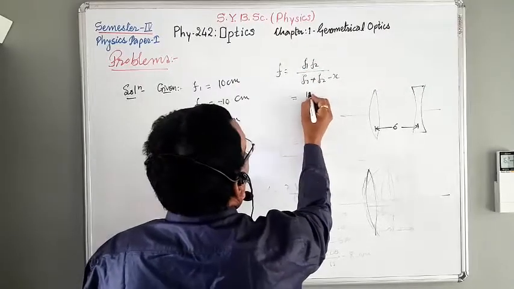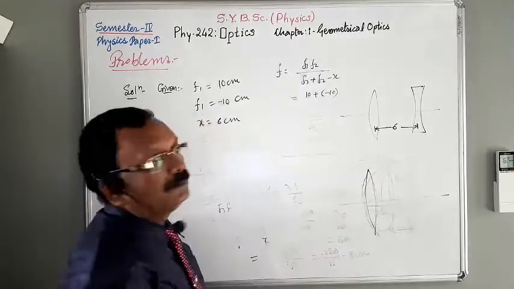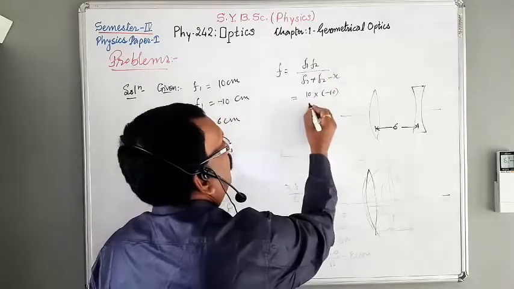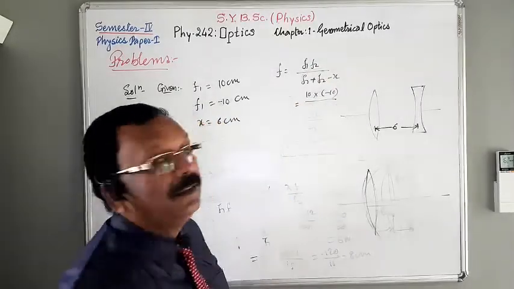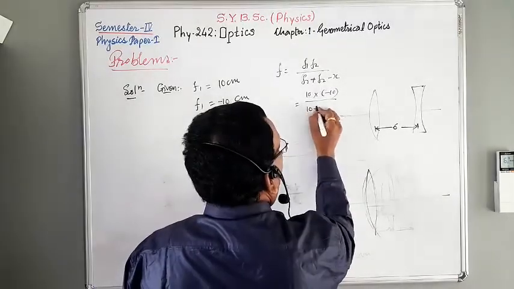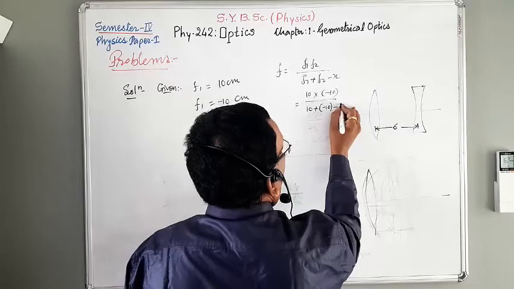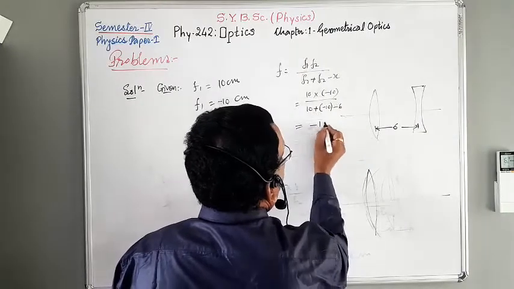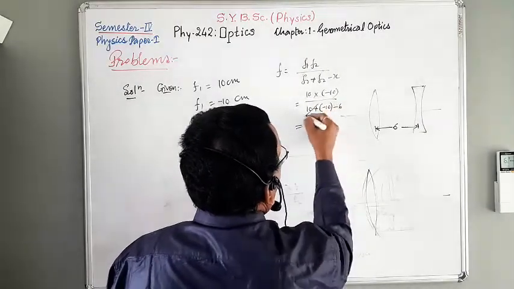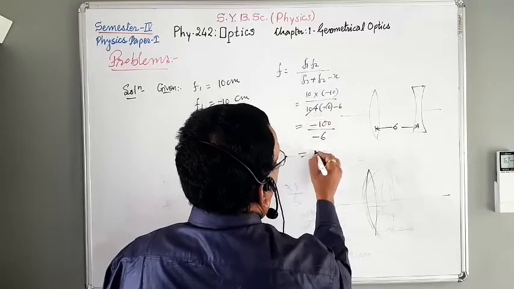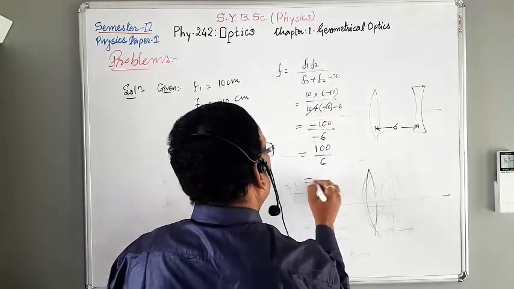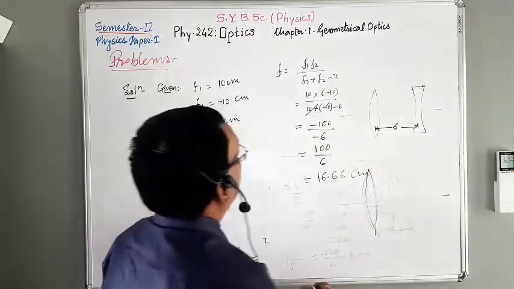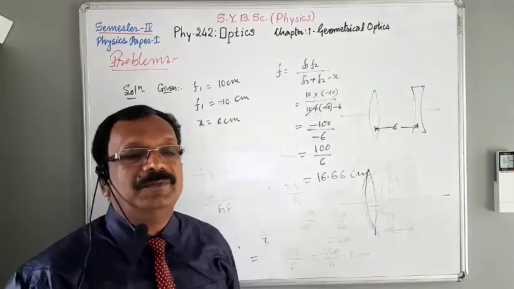Substitute the values: 10 into minus 10, upon 10 plus minus 10 minus 6. The 10 and minus 10 cancel with each other in the denominator, so 10 into minus 10 is minus 100, upon minus 6. So only 100 by 6, which is 16.66 centimeters. This is the equivalent focal length of this combined system.